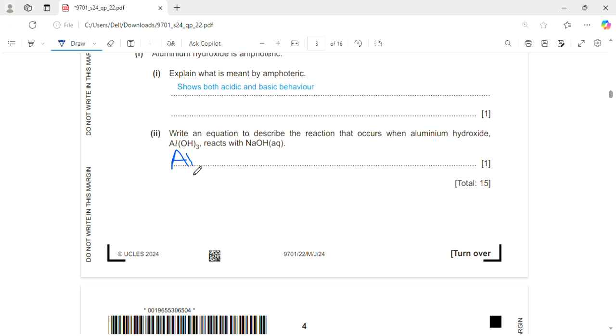It's not a difficult task. Sodium hydroxide.